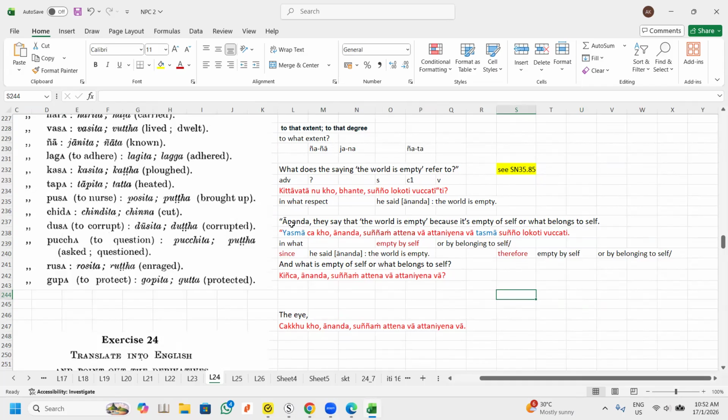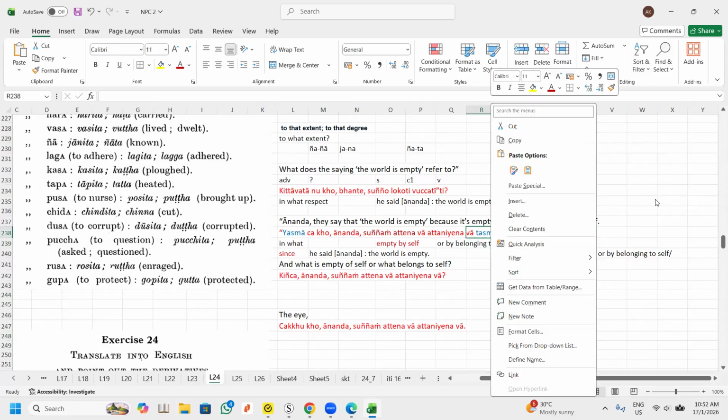You see, in the translation they say the world is empty because it is empty of self, of what belongs to self. This whole line is translated in this way, and when you read it, it is very smooth. The word because is tasma. They say the world is empty because it is empty of self.